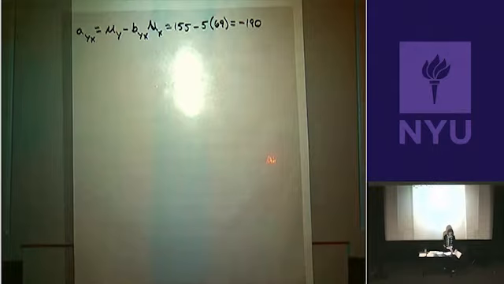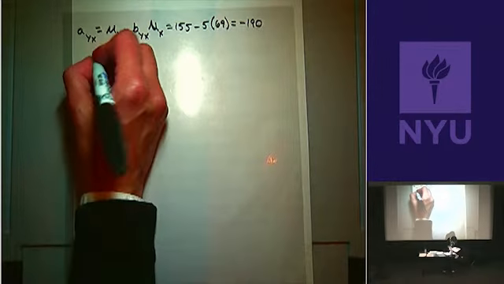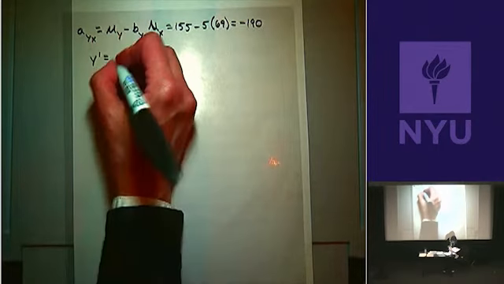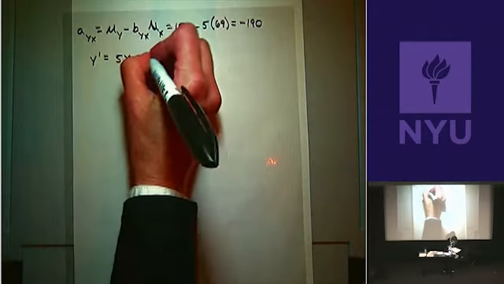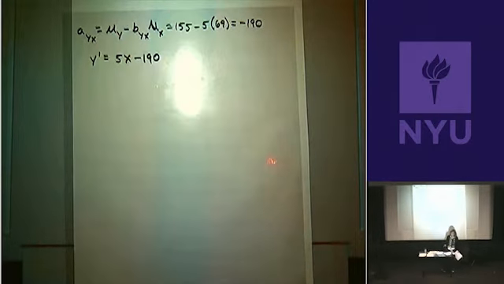So that's my intercept. Okay? Which means that my equation, the equation of my line, is again bx plus a, but in this case, my intercept is negative, so it's 5x minus the 190.